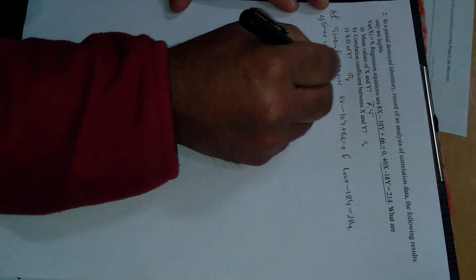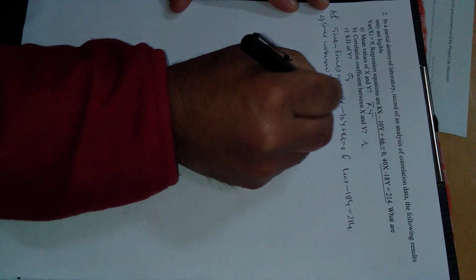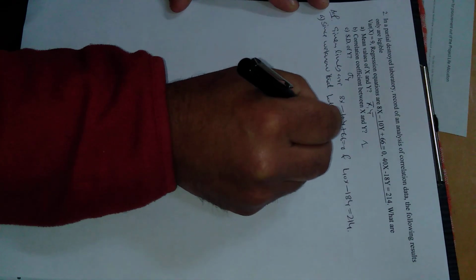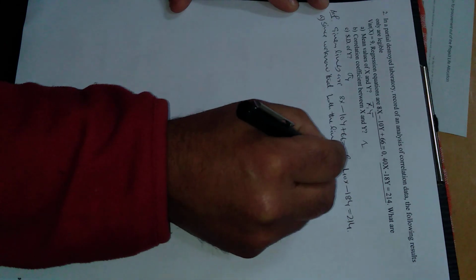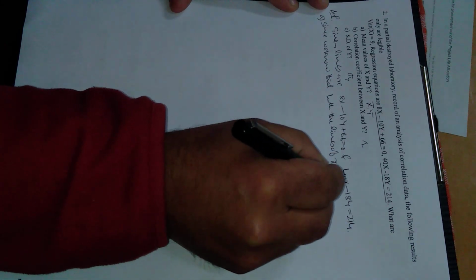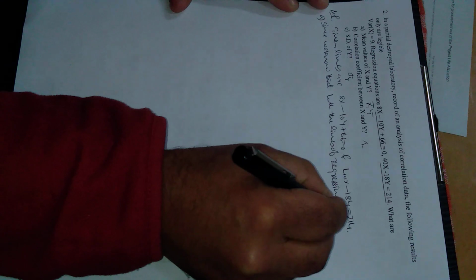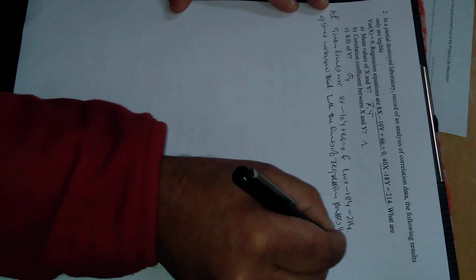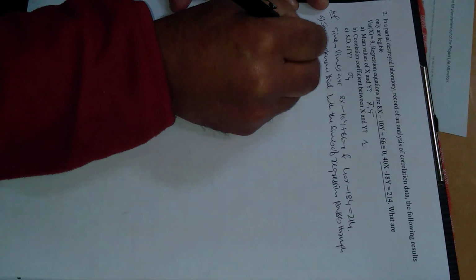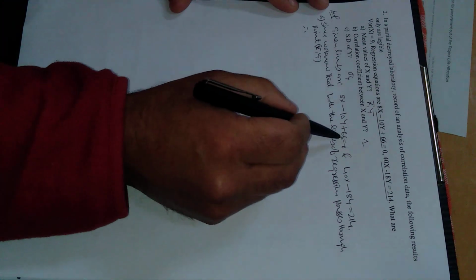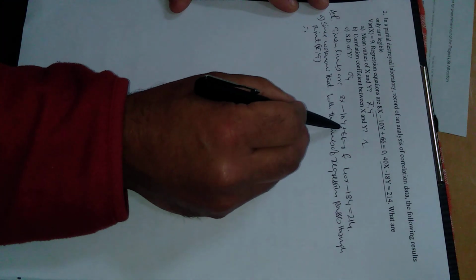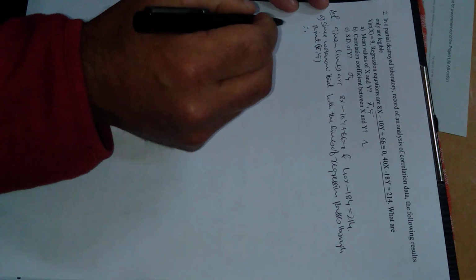For part a, since we know that both the lines of regression pass through the point x bar, y bar, both these equations will be satisfied by x bar and y bar.